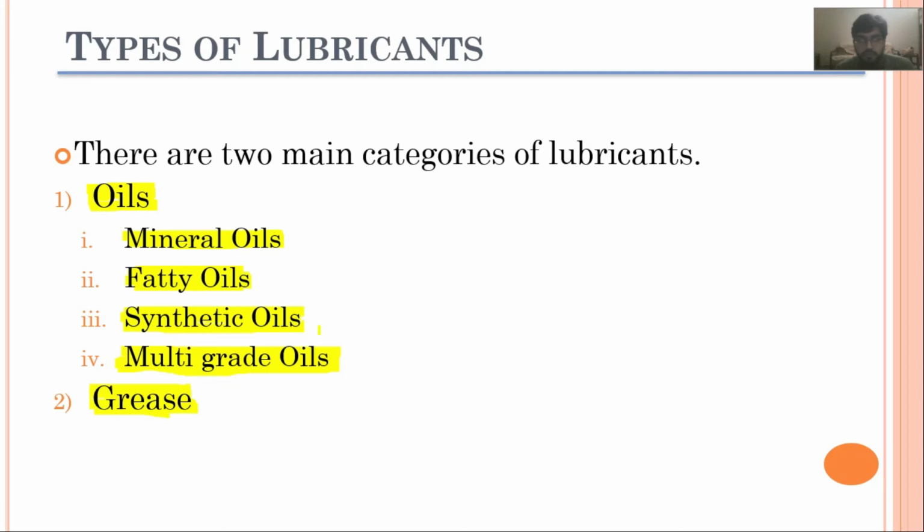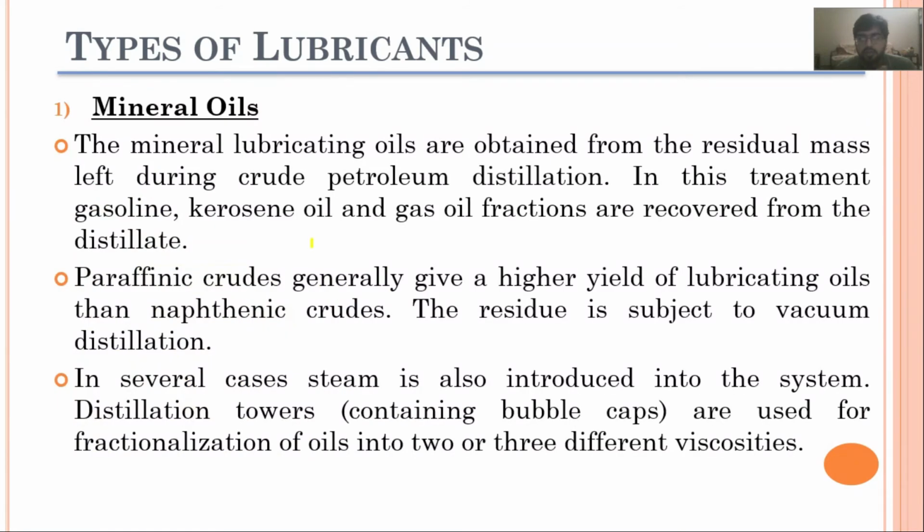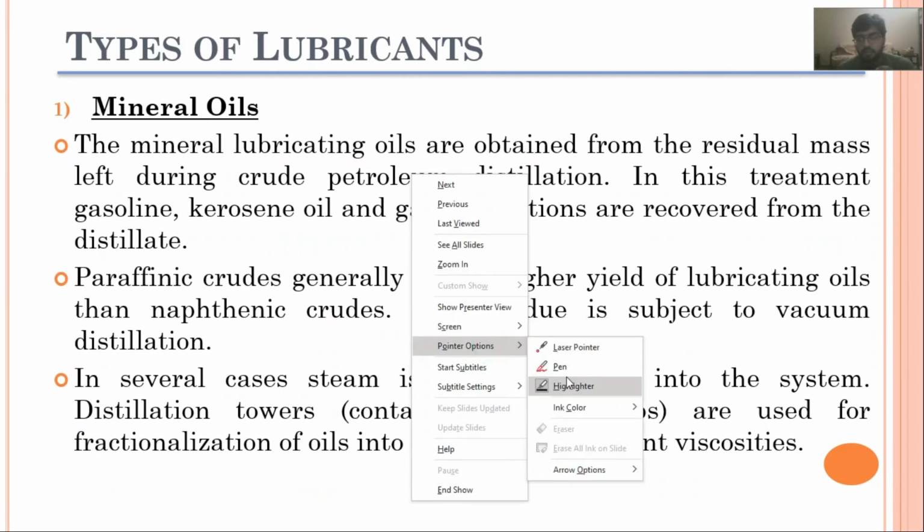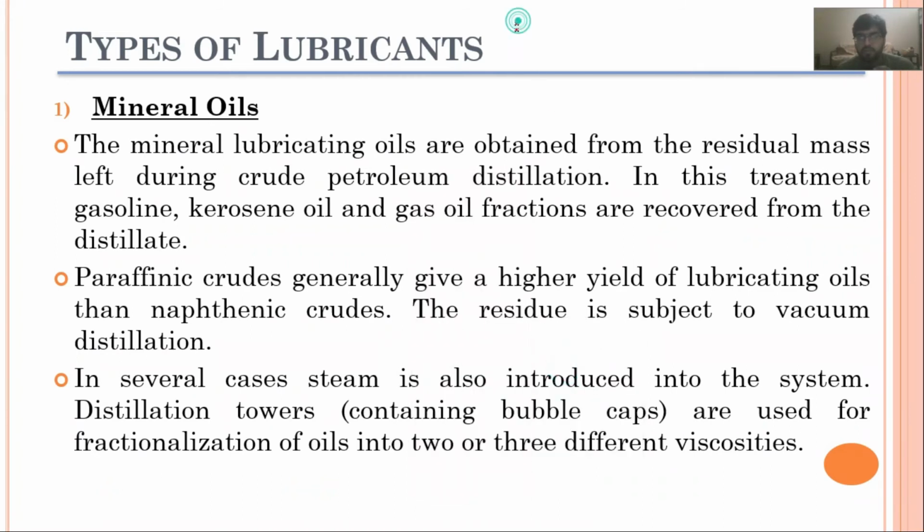I mentioned in the earlier slide that I will explain these multi-grade oils in quite some detail in this video. Starting off with the mineral oils, these are generally obtained by the crude distillation process, and I will explain what happens in this process. For example, this is my crude distillation unit, CDU.